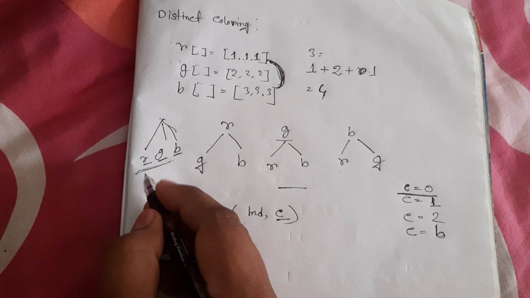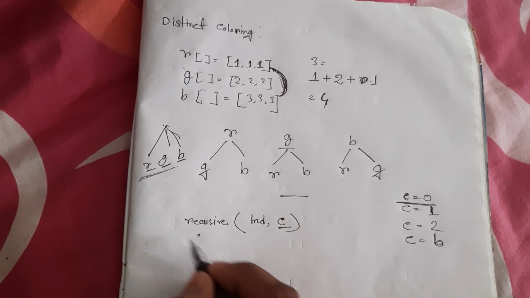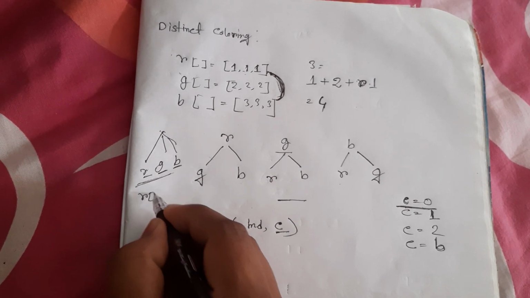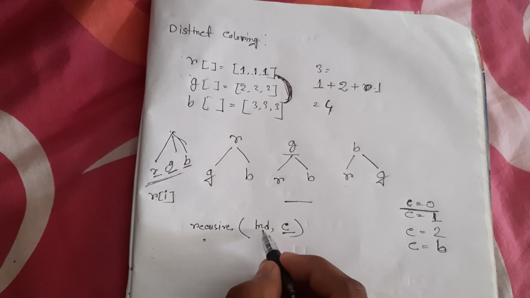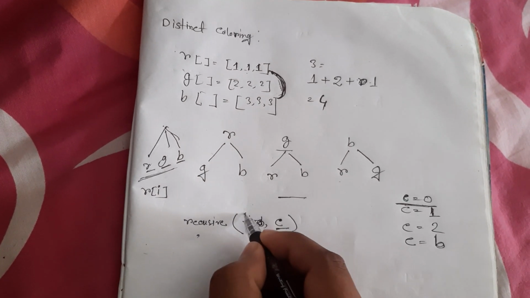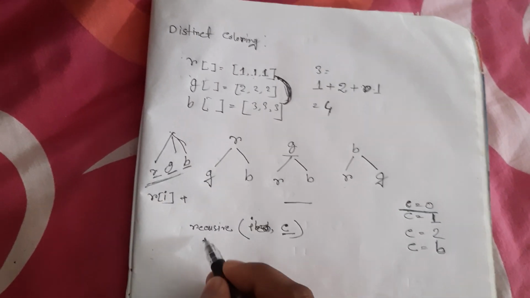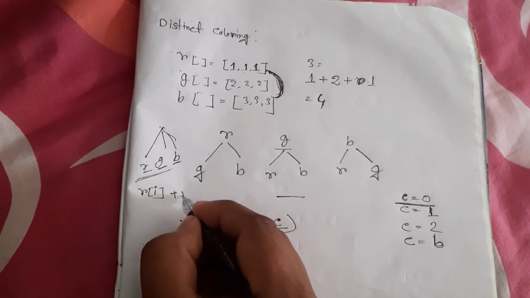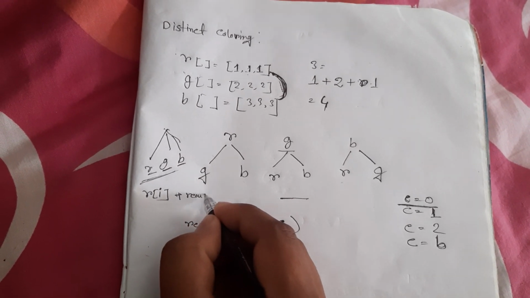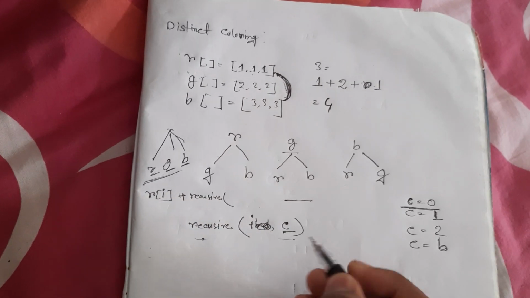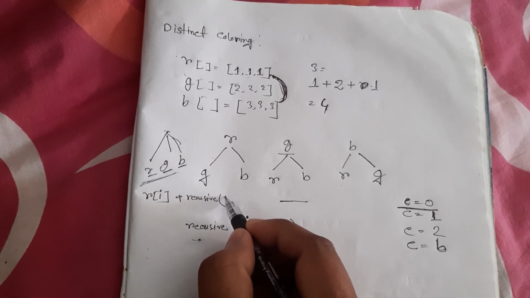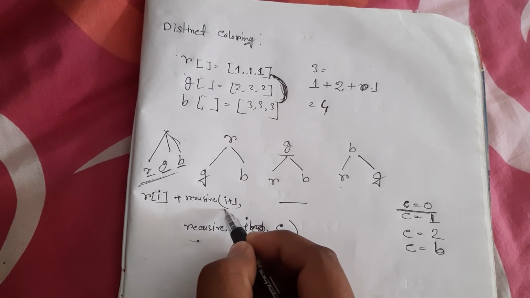If you go with red, what is the recursive call? A recursive call should be like R of I, where I is the index. We need to call the recursive function again, and the index will be increased by 1, because we need to go to the next house.